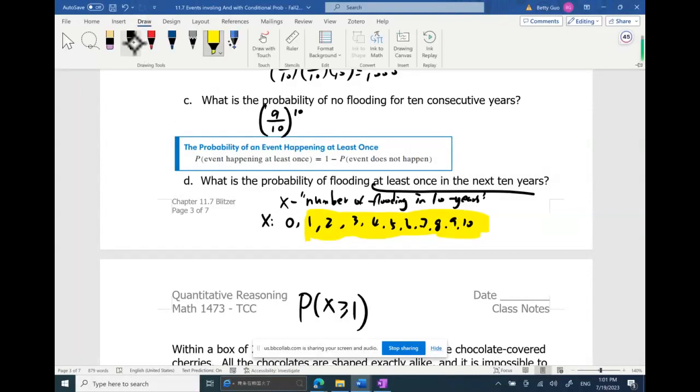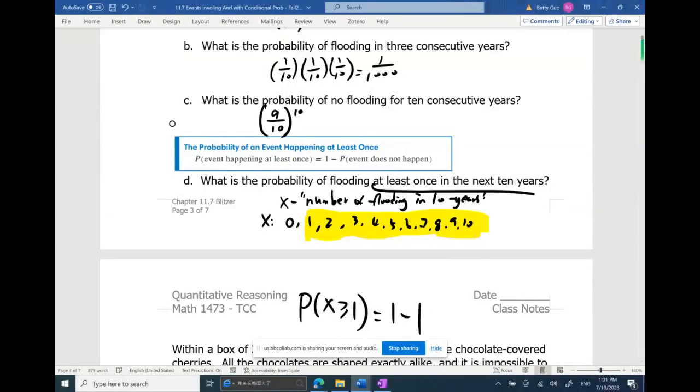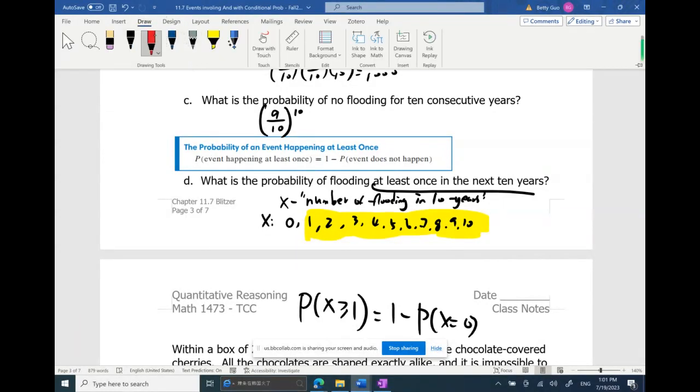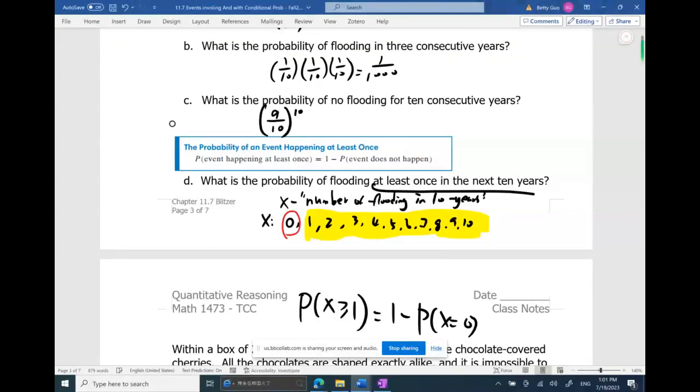The complement is none, no flooding. Do you see that? All the possible values for x are the 11 numbers, 0 all the way to 10. And we are looking for the probability that x is bigger than or equal to 1, which I have in yellow.